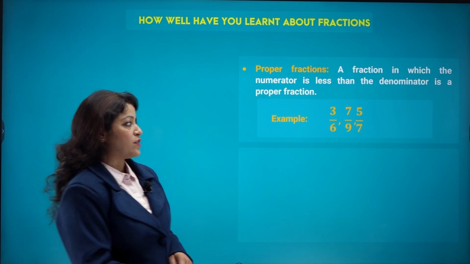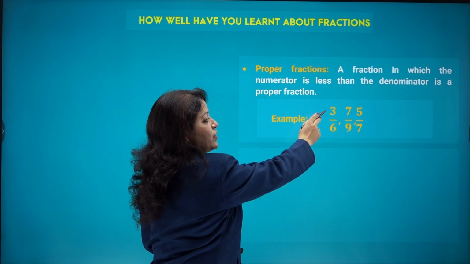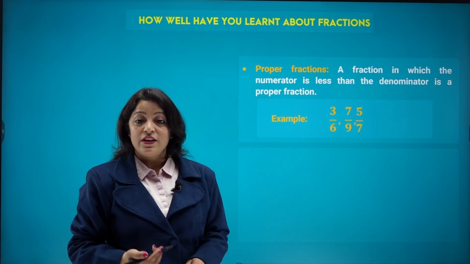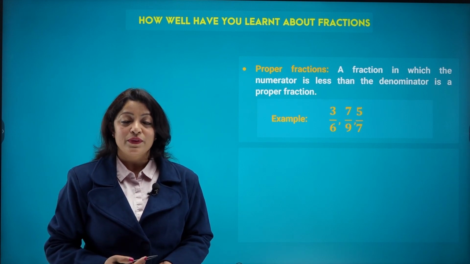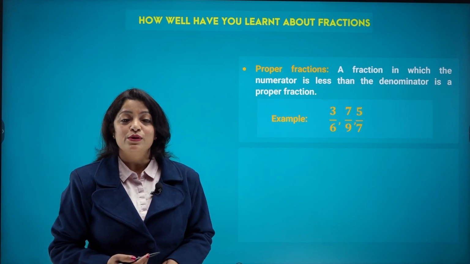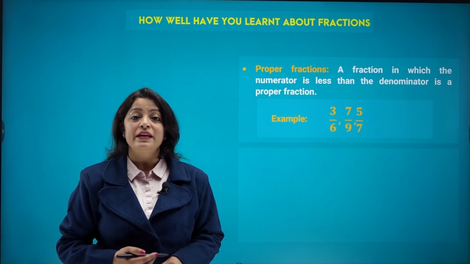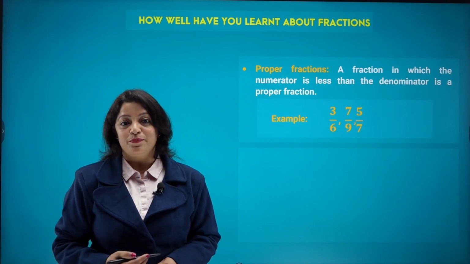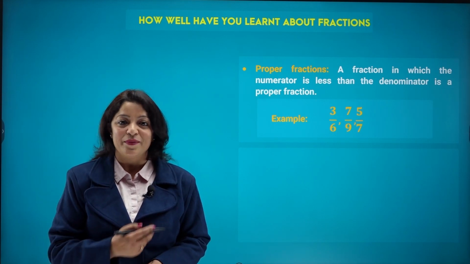In all these fractions, we have the numerator smaller than the denominator, like 3 is smaller than 6, 7 is less than 9 and 5 is less than 7. So these are the examples of proper fractions and all these fractions will be smaller than 1. Remember this thing, a proper fraction will be always less than 1.